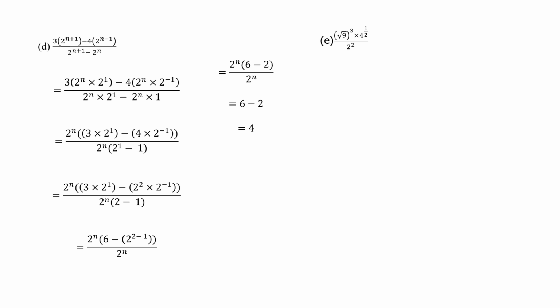Now we want to simplify this, and you see that the 2 is somehow related to a 4, because when you get a 2 squared it gives you a 4. Then the square root of 9, we are going to say 9 is the same as 3 squared.